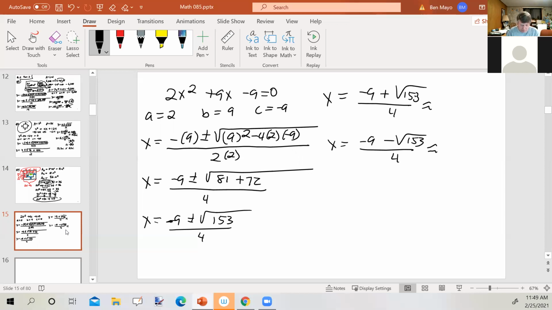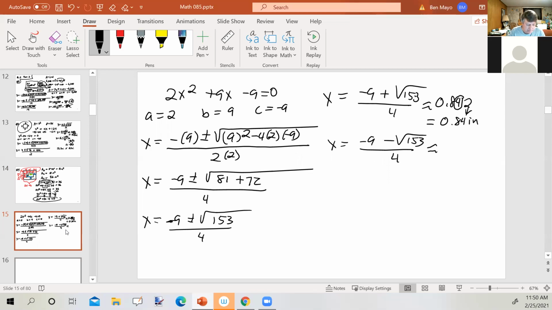So the first one, let's see, parentheses, negative 9 plus the square root of 153, close up the radical, close up the entire numerator divided by 4, and I come up with 0.842. It's said to round to the nearest hundredth, that would be the 4, the 2 would round down, so we're going to get 0.84, and this was inches, okay?